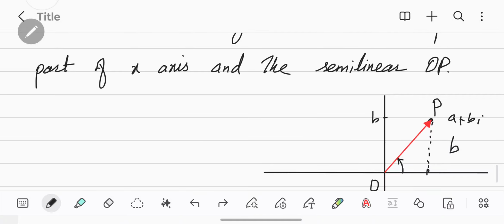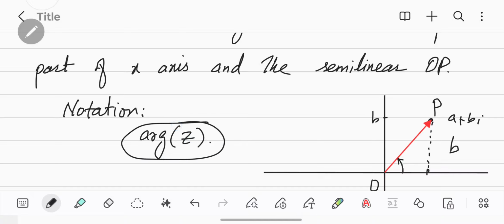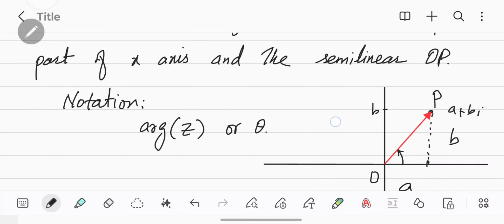We have a notation for this argument. The notation is arg of z. When I say arg of z, I am talking about the argument of z. Usually we denote the argument by this, or we denote it by theta.